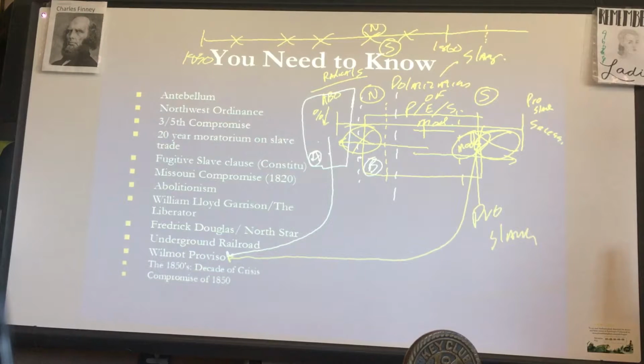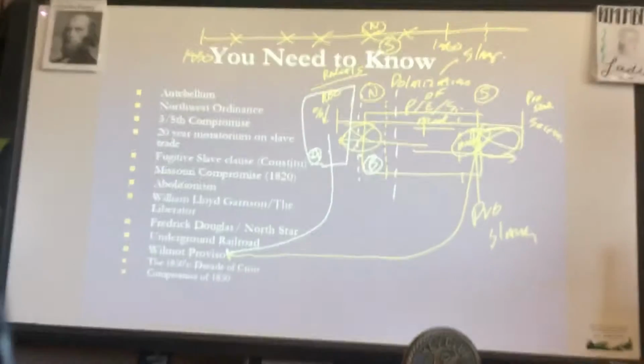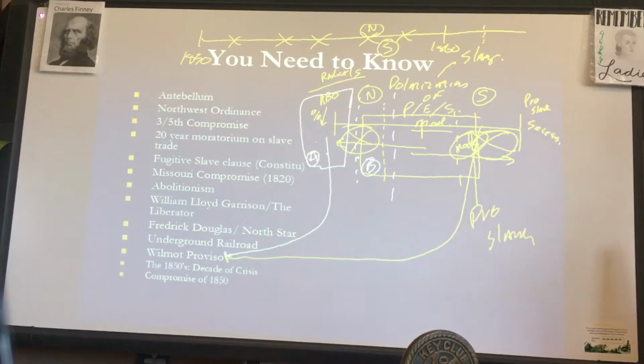It's legal. We think it's going to die eventually. It's going to die out. So let's help it die by not expanding it. Moderate view. Not in love with slavery, but not an abolitionist. Do you see? Lincoln is that group.